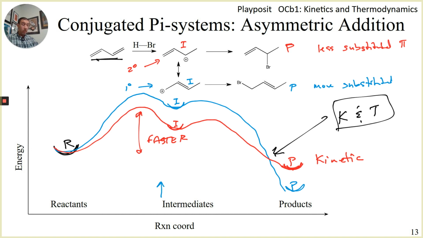Okay? If we took a look at the blue product, since it is lower in energy than our red one, the delta G for the blue one is much larger and therefore more exothermic and therefore more favorable, would be the thermodynamic product. So which one should win?